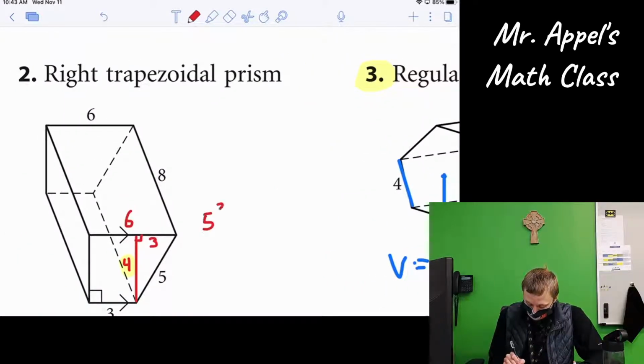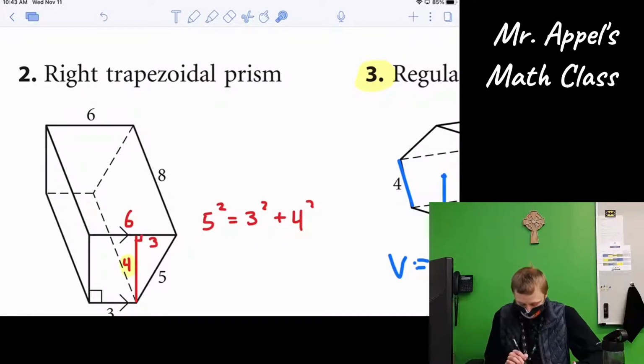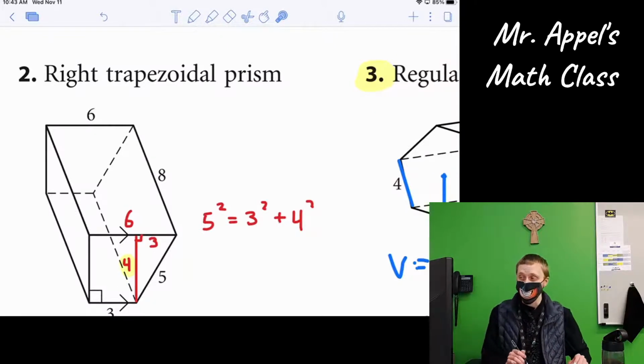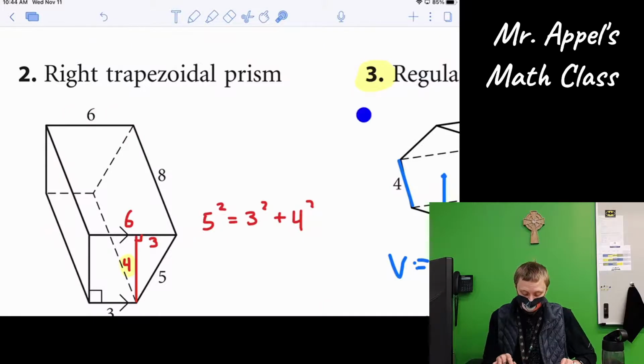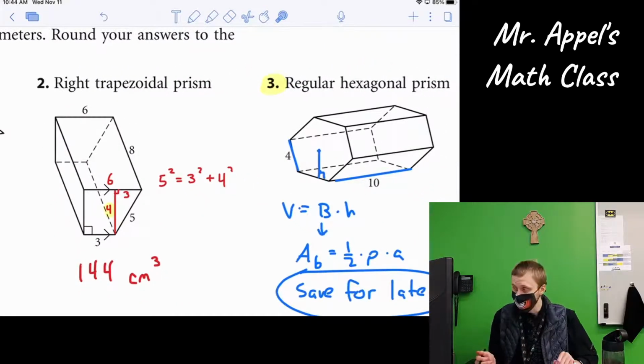But the Pythagorean theorem, real quick, says that the square of the hypotenuse is equal to the sum of the squares of the 2 legs. And so knowing this was 5 and this was 3, we could figure out that this would have to be a height of 4 for my trapezoid. And thus I can get the area of the trapezoid multiplied by the height of the whole prism for 144.